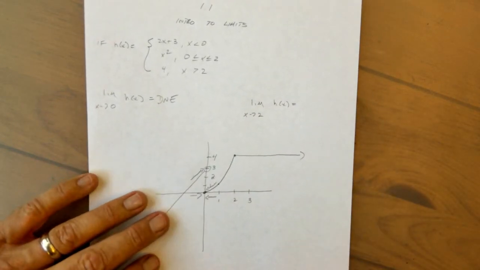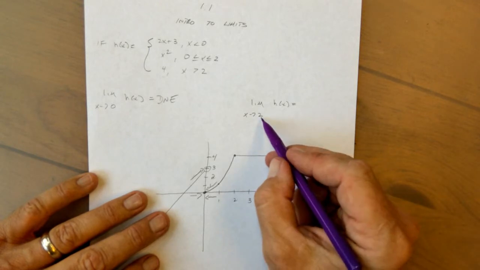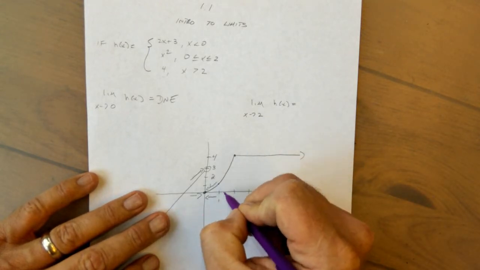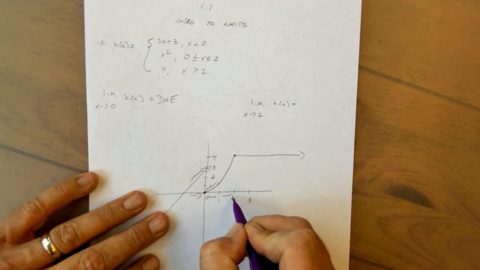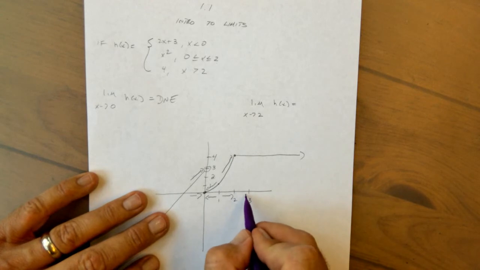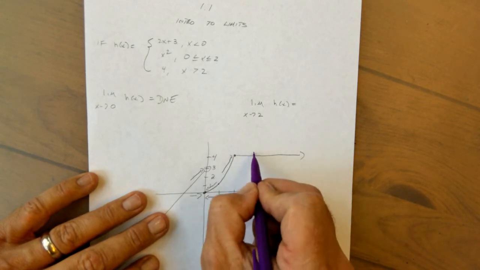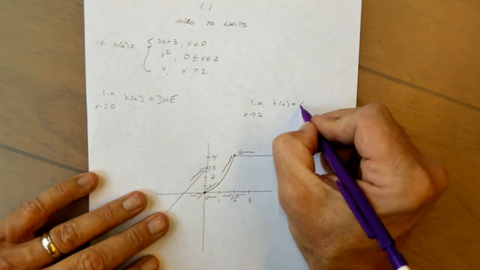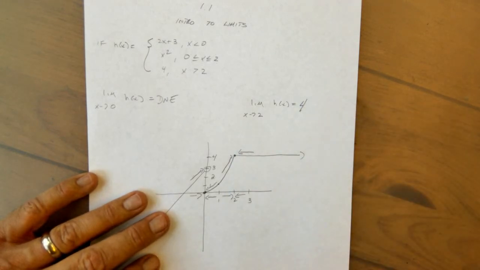And the last part of the question is x gets closer and closer to 2. From the left side, here we are getting closer and closer to 2 from the left. The y values are getting closer and closer to 4. And as we get closer and closer to 2 from the right side, our y values also get closer and closer to 4. So that has a limit of 4.